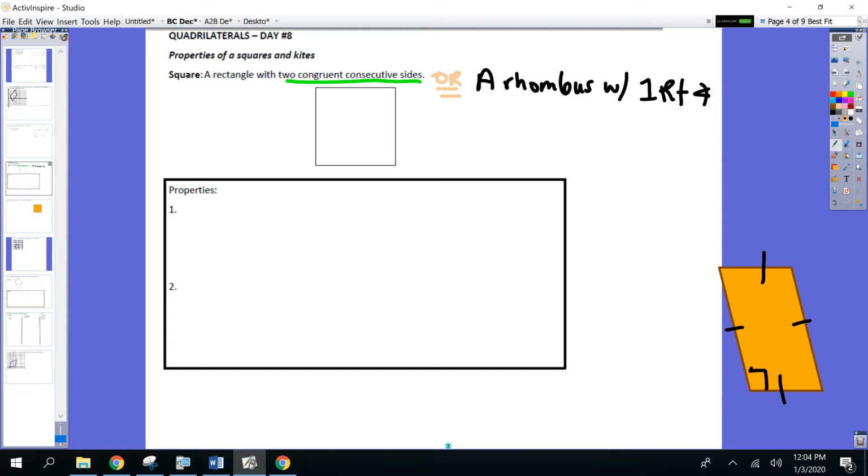All the what? Parallelogram, rectangle. So numbers 1 and 2, I'm going to write all rectangle properties, and all rhombus properties.